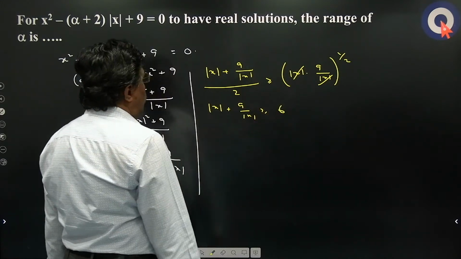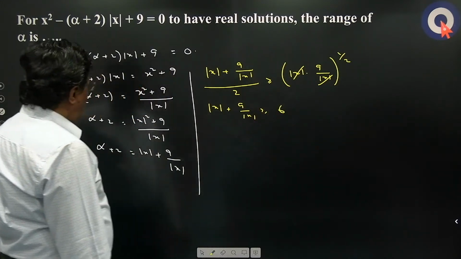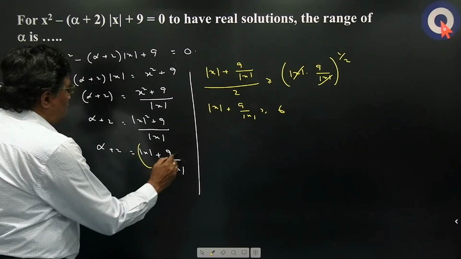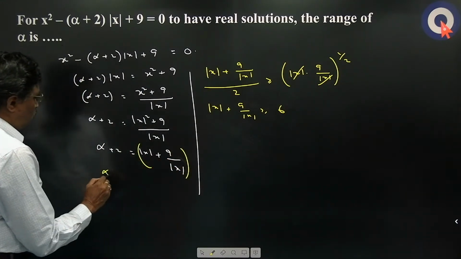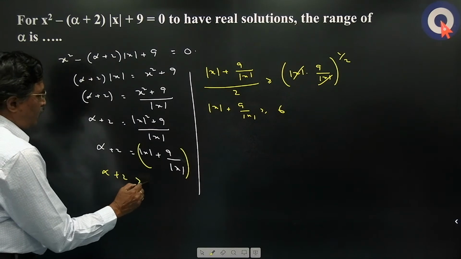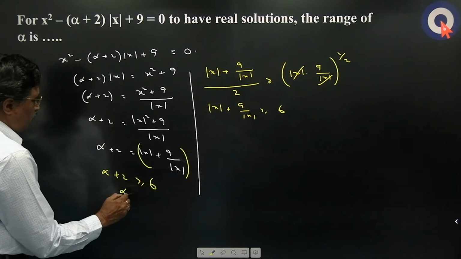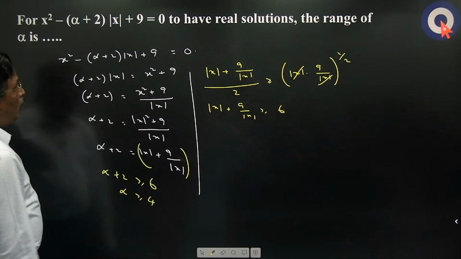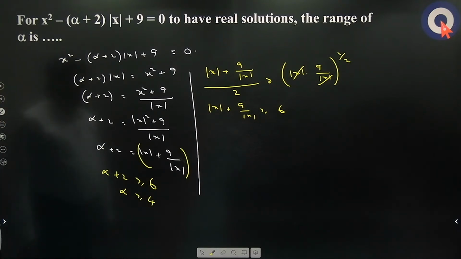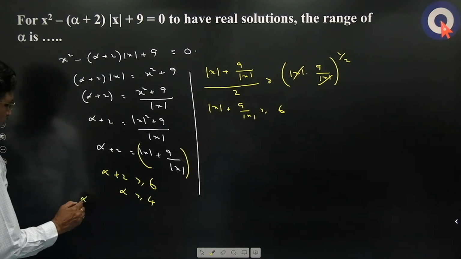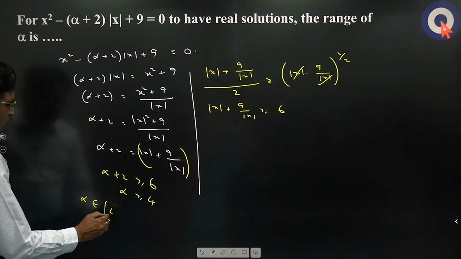All right. So that means alpha plus 2 is greater than or equal to 6. That means alpha is greater than or equal to 4. So you have 4 to plus infinity. So the interval for alpha is 4 to plus infinity.